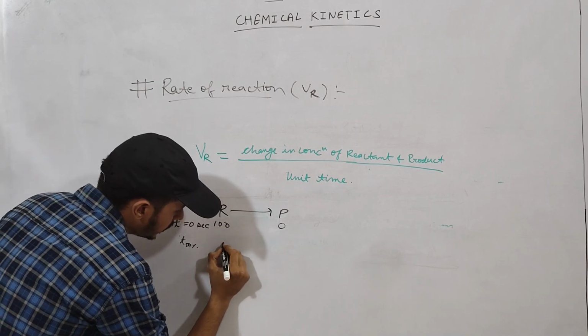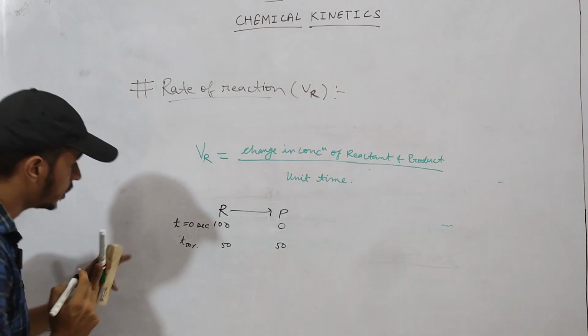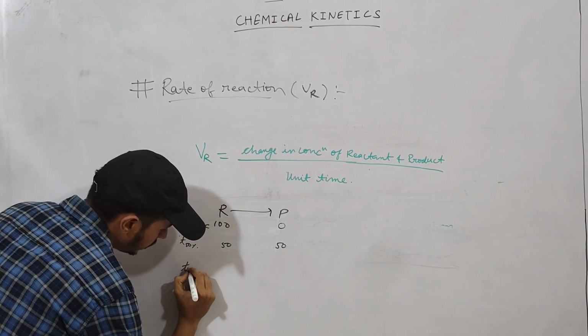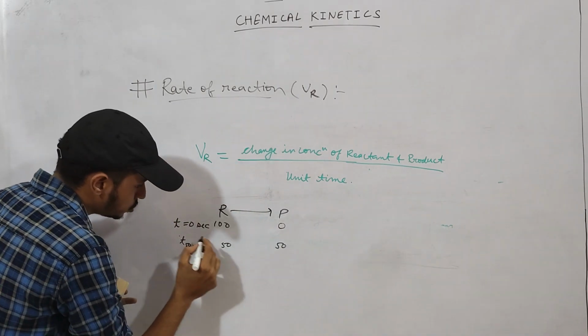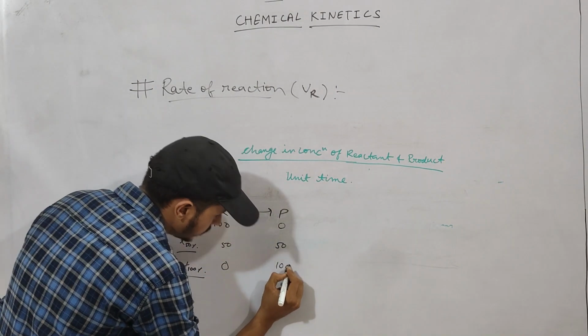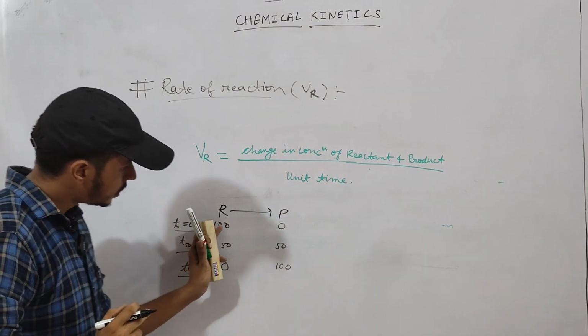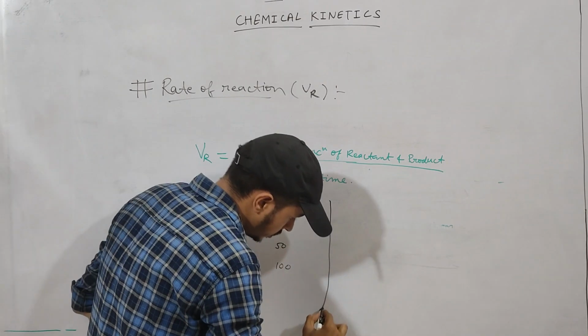So half the amount of reactant is converted into product, 50:50. And the reaction is completed when 100% of the reactant is converted into product. So you will see that the reactant will be 0 and product will be 100.